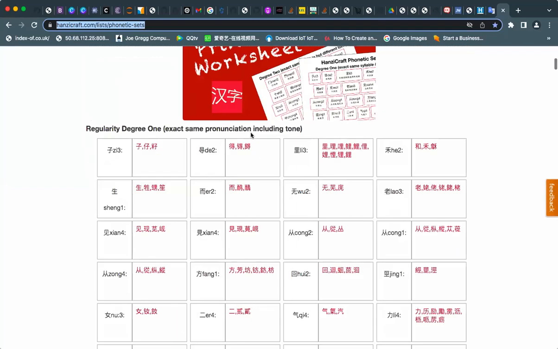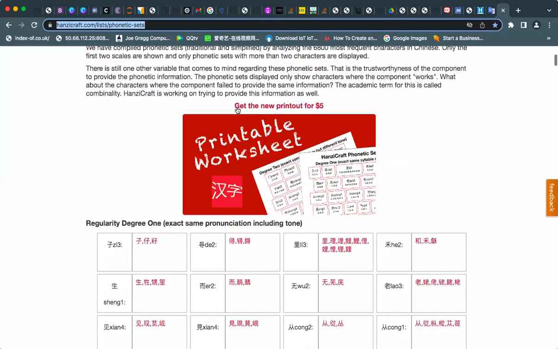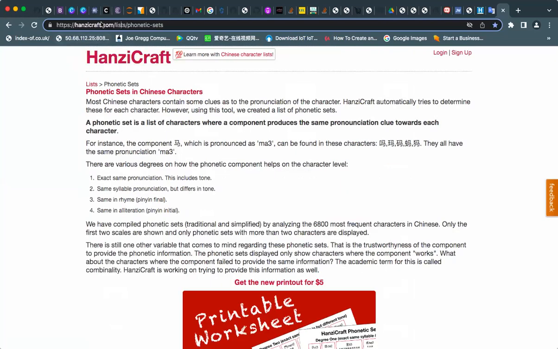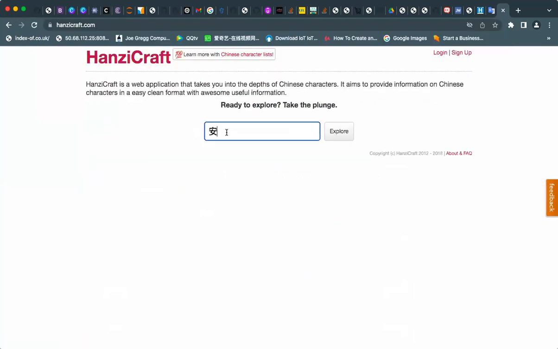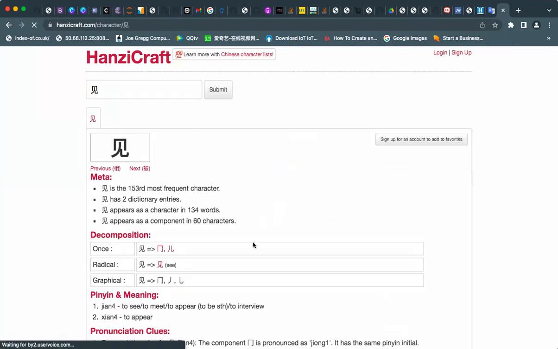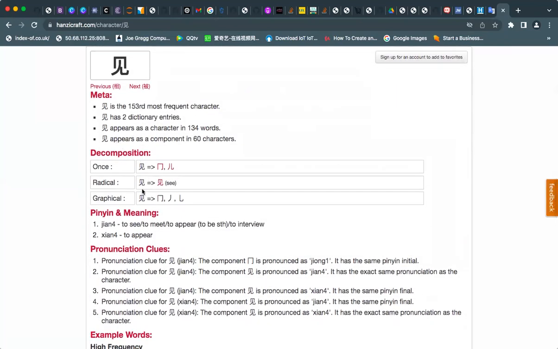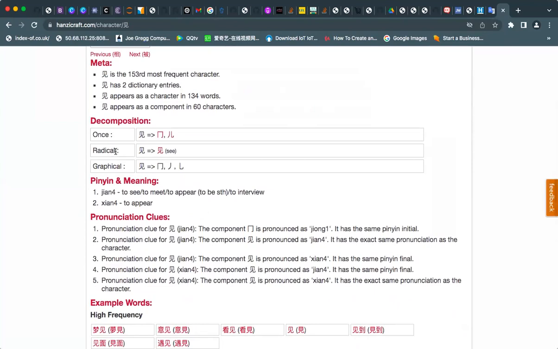I need you to see how this character, the one that we have, can be used. You see, it can be used as a radical, right?